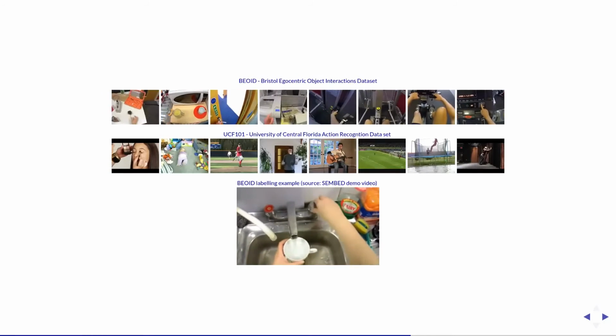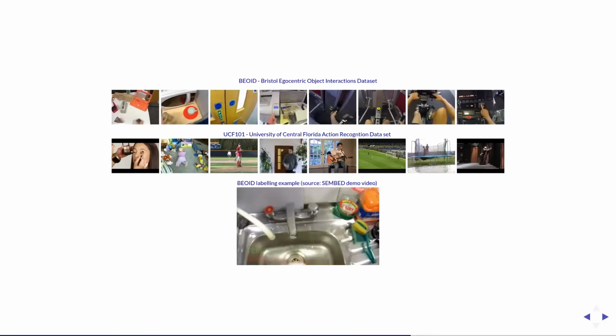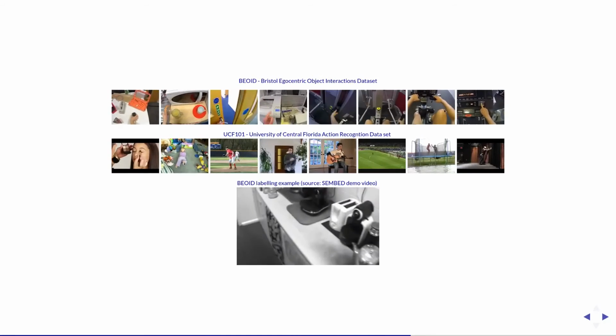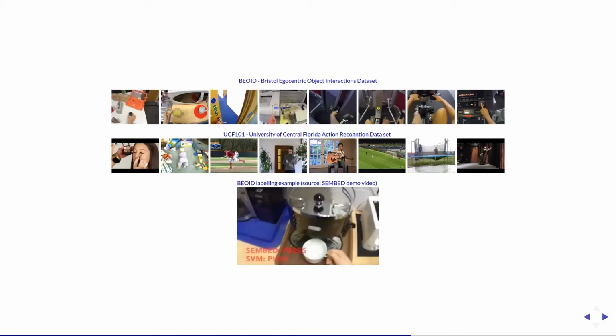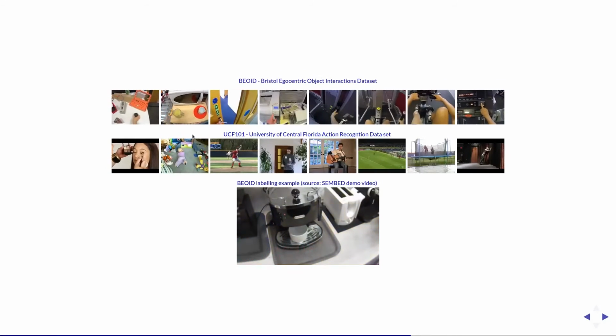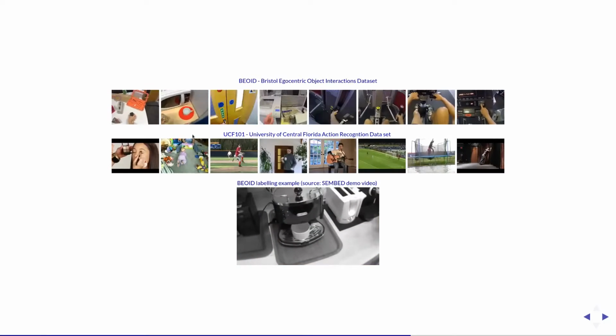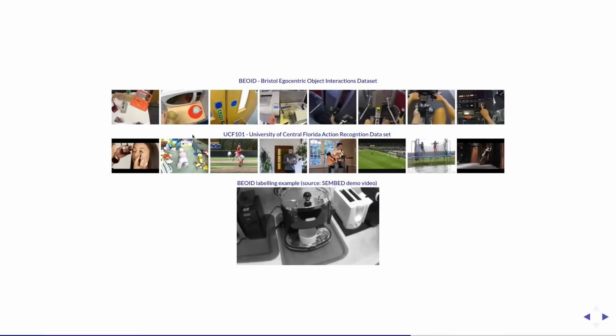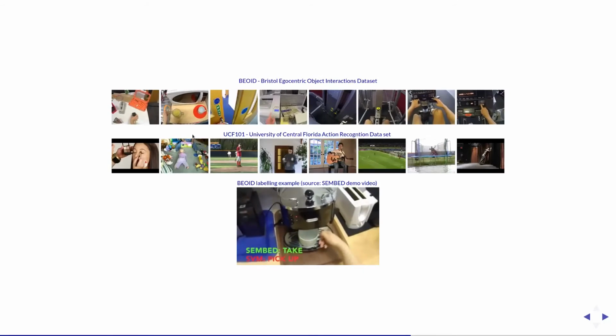Initially I tried investigating excitation backprop on this, and we'll have a look at some results of that in a minute. There's also a well-known dataset called UCF-101, from the University of Central Florida, which is a set of 101 categories of actions.